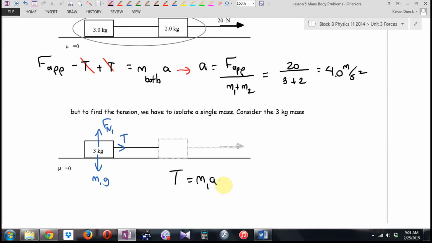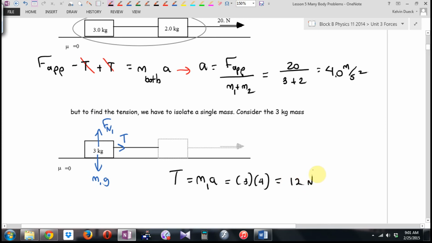Did I just figure out the acceleration in my head without a calculator? You know what the tension in the rope is? 12 what? Tension is a force. Newtons.